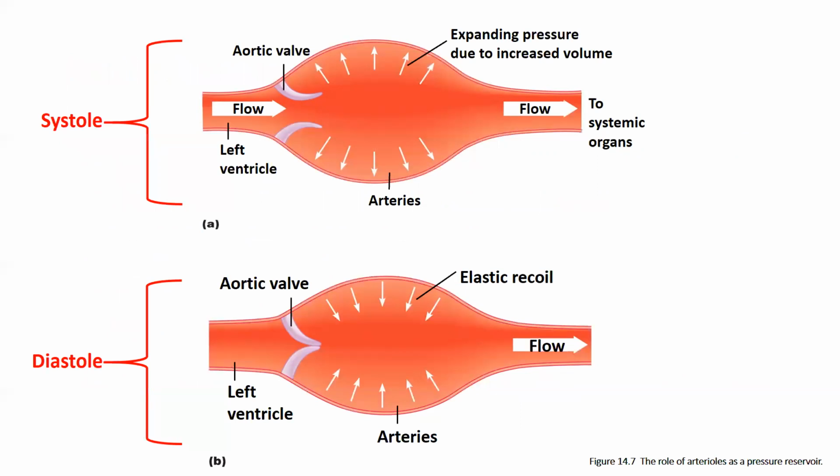Now, during diastole, when this valve closes, the vessel is going to then recoil or constrict on itself. And the recoiling of that vessel is going to generate some additional pressure to maintain perfusion throughout the body. So at no time during the cardiac cycle is the amount of pressure that we have blood flowing through the body interrupted. At no time is that perfusion interrupted because of this mechanism.